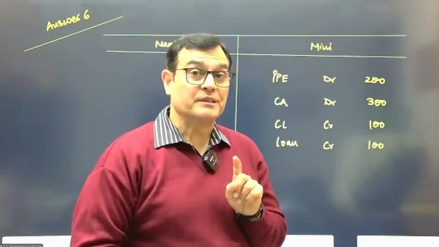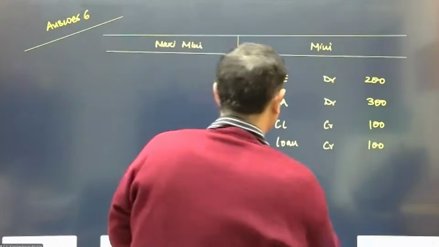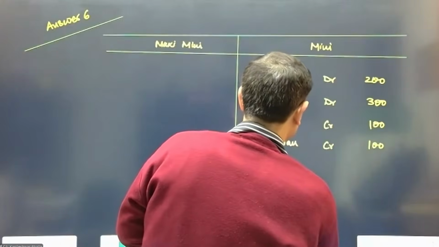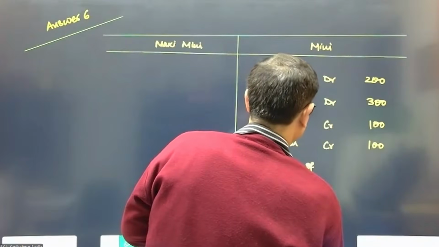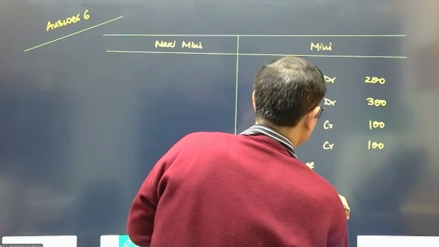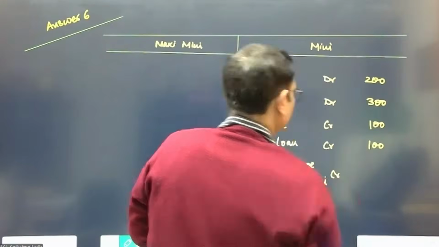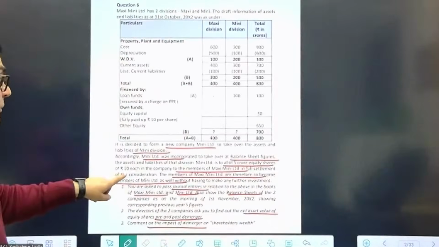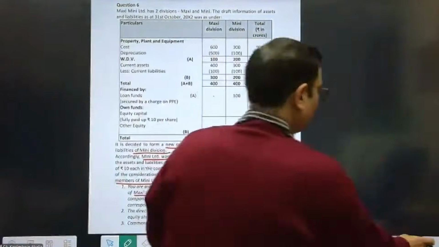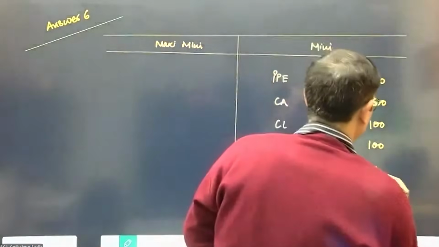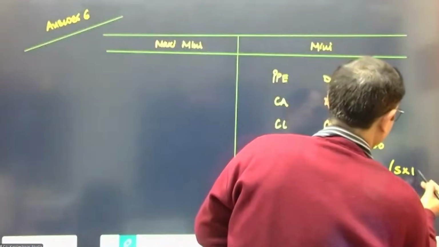And then there is a purchase consideration. So I think I'm just going to record the purchase consideration, members of Maximini. So the consideration is going to be paid to the members of Maximini in this case. So let's see what is the purchase consideration. It says we are going to allot a total of 5 crore shares of 10 each. So 5 crore shares of 10 each, it becomes 50 crores.